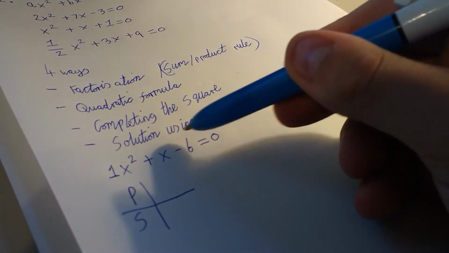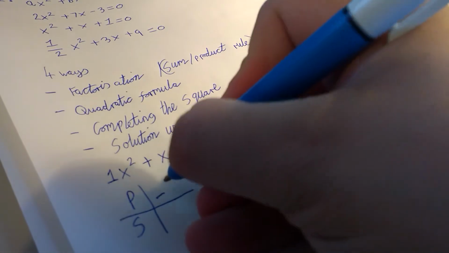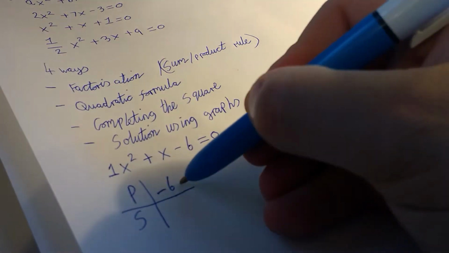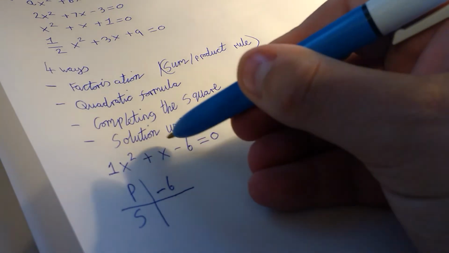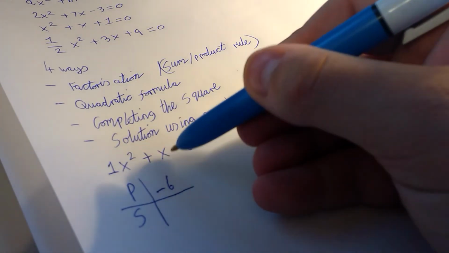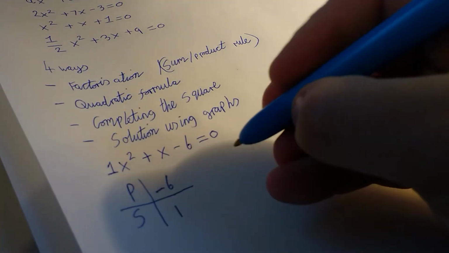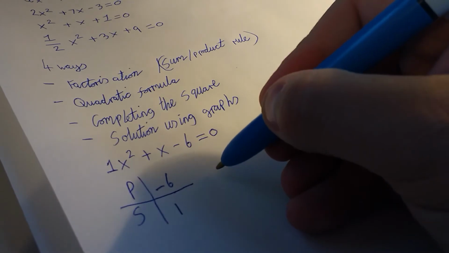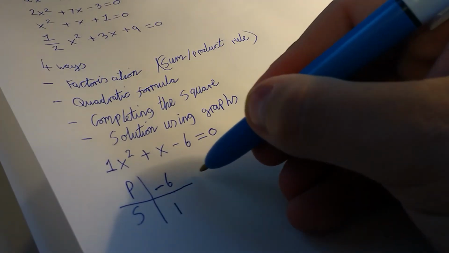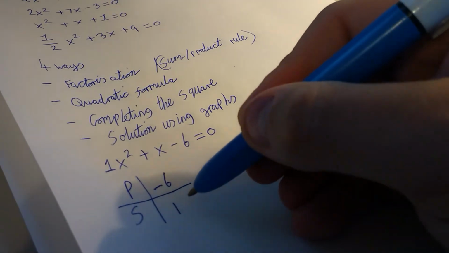So C in this case is minus 6. So 1 times minus 6 is minus 6. Our sum term is our value for our B term, which in this case is just 1. So we want to find two numbers that multiply together to give minus 6 and add together to give 1.